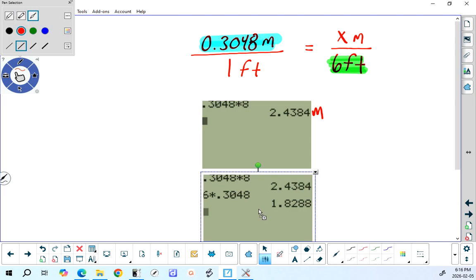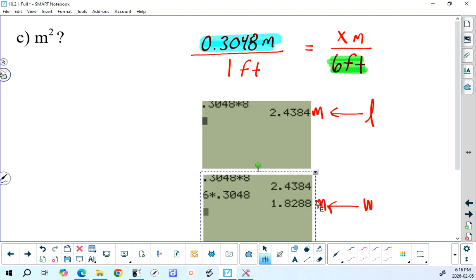And this will also be in meters. So now you simply have to multiply the length by the width, and that will give us an answer.